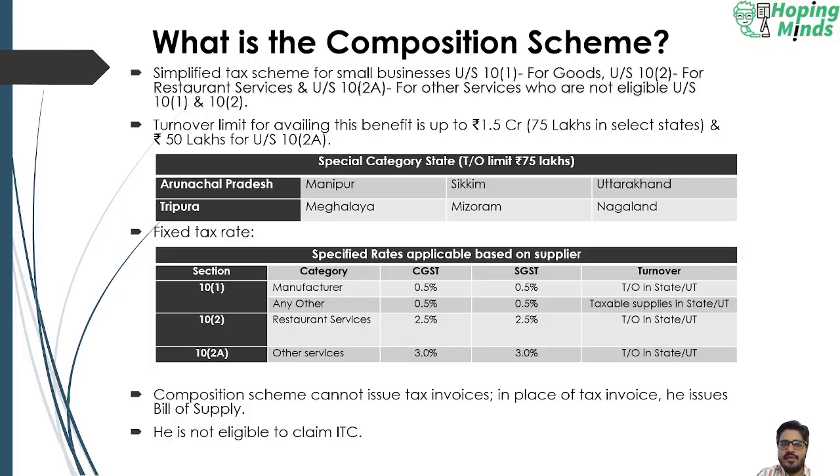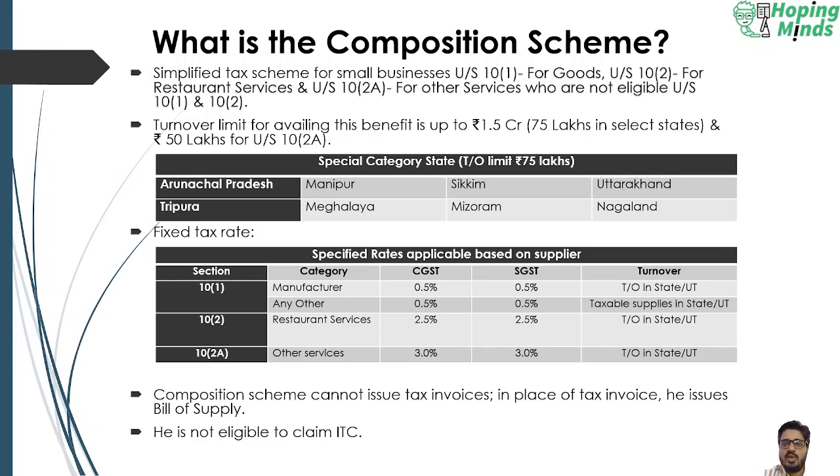So let us see the fixed rate of GST that is required to be paid by the composition dealers. Section 10(1), the category of supplier that are covered under this section are manufacturers or any other. So manufacturers are required to pay 0.5% CGST and 0.5% SGST.